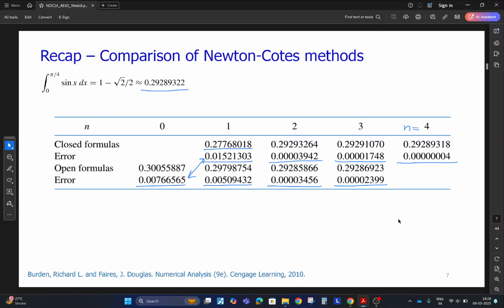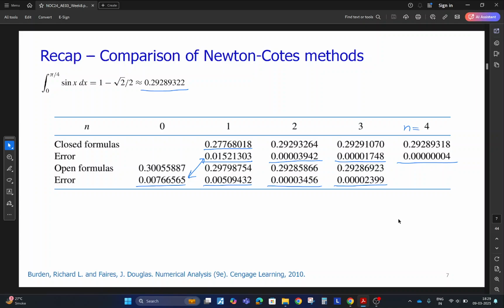Especially we see that for n equals 1, comparing it to n equals 2, for the closed Newton-Cotes method, the error goes down by 3 orders of magnitude to be precise, and it further halves when n is equal to 3, and when n equals 4 it goes down by up to 3 orders of magnitude again. So there is a clear effect of increasing the number of integration points when we are working with a closed Newton-Cotes formula.